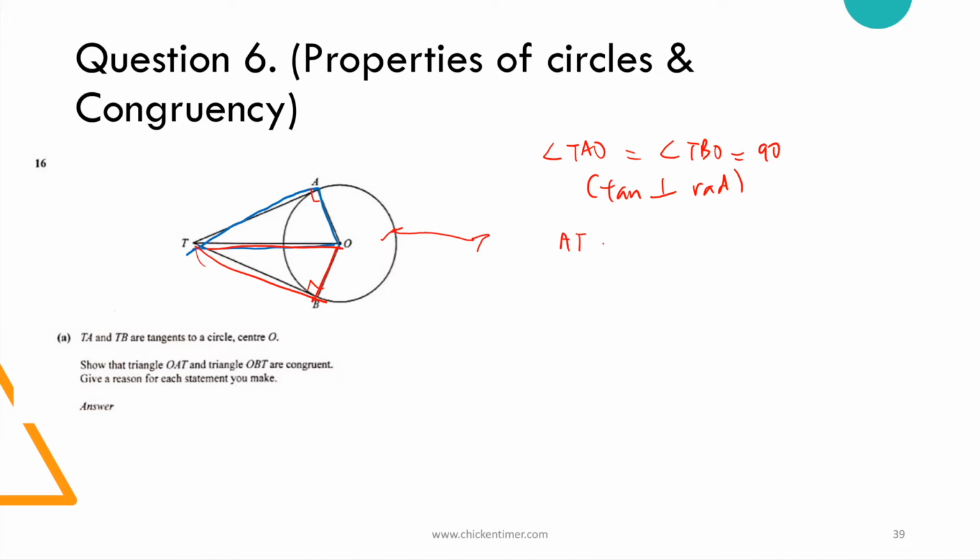Then you have AO is equals to BO. Then second, you have AT is equals to BT, because tangents from external point.